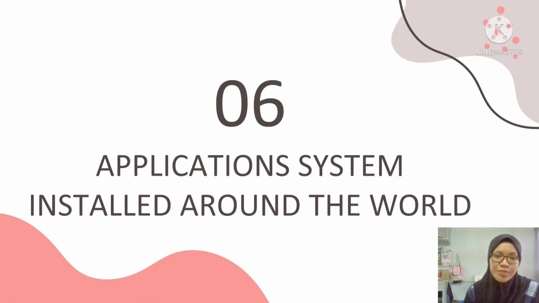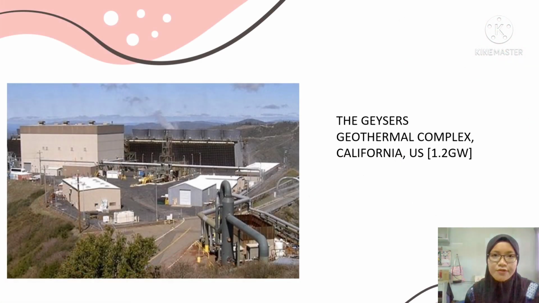Next is the application systems installed around the world. Firstly, The Geysers Geothermal Complex in California, US. It has 1.2 gigawatt installed capacity.